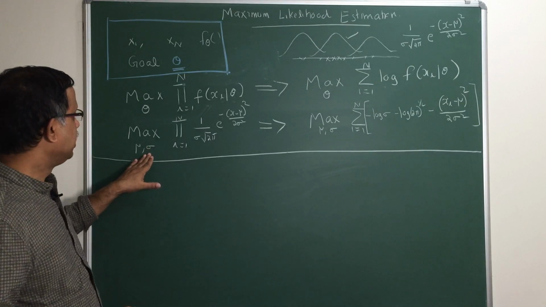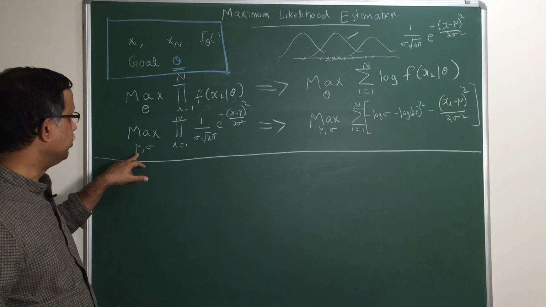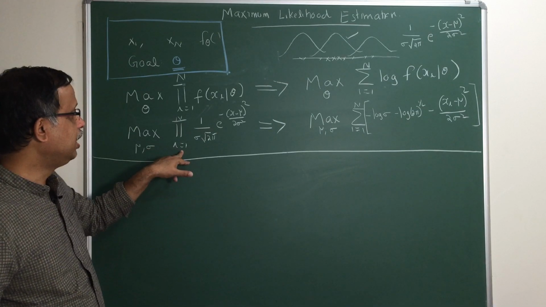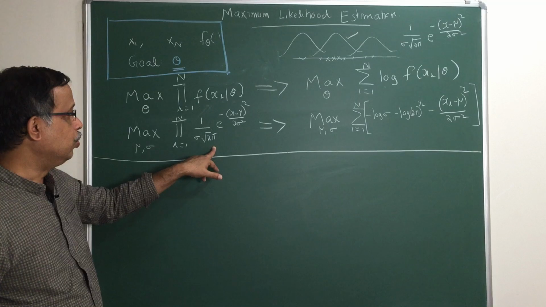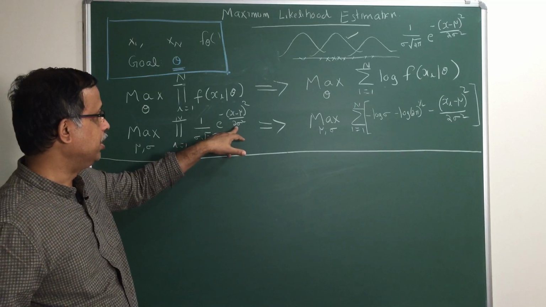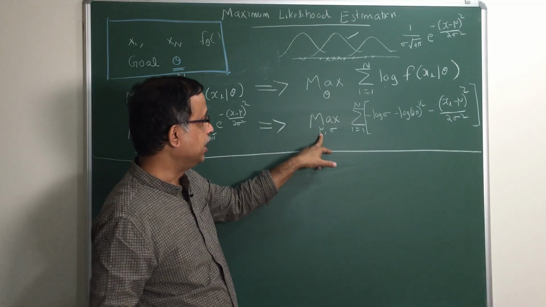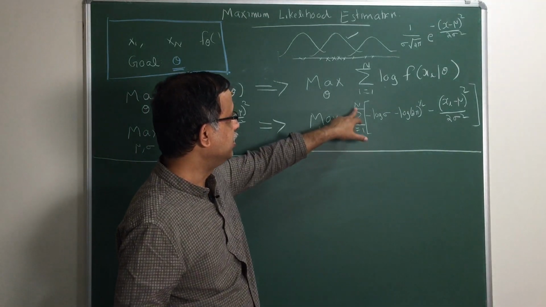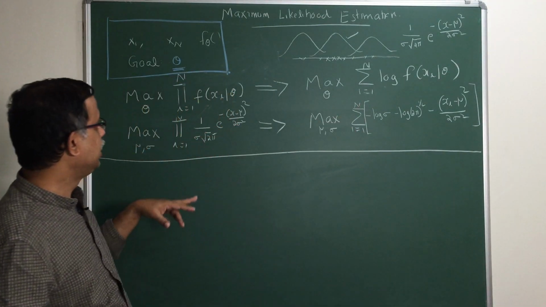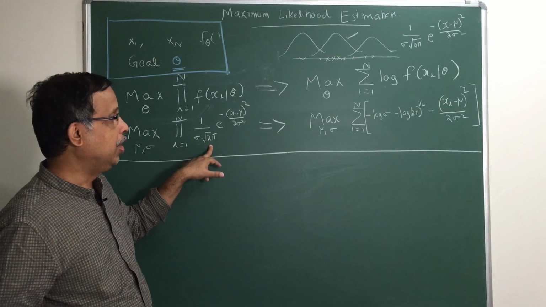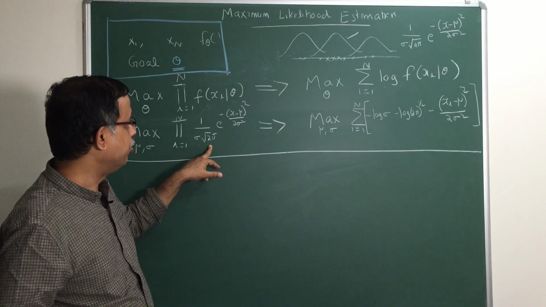In this case, the problem will become maximization over mu, sigma, product i equal to 1 to n, 1 by sigma root 2 pi e power minus (x minus mu) whole square by 2 sigma square. And if you take a log, you get max over mu, sigma, sum i equal to 1 to n, minus log sigma, minus log 2 pi whole power 1 by 2.